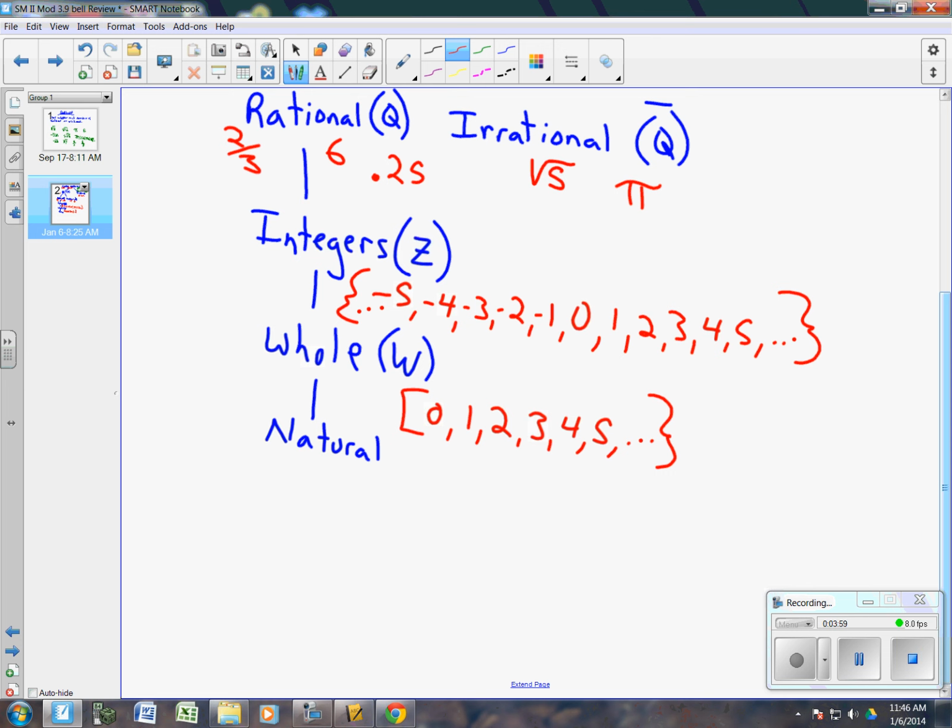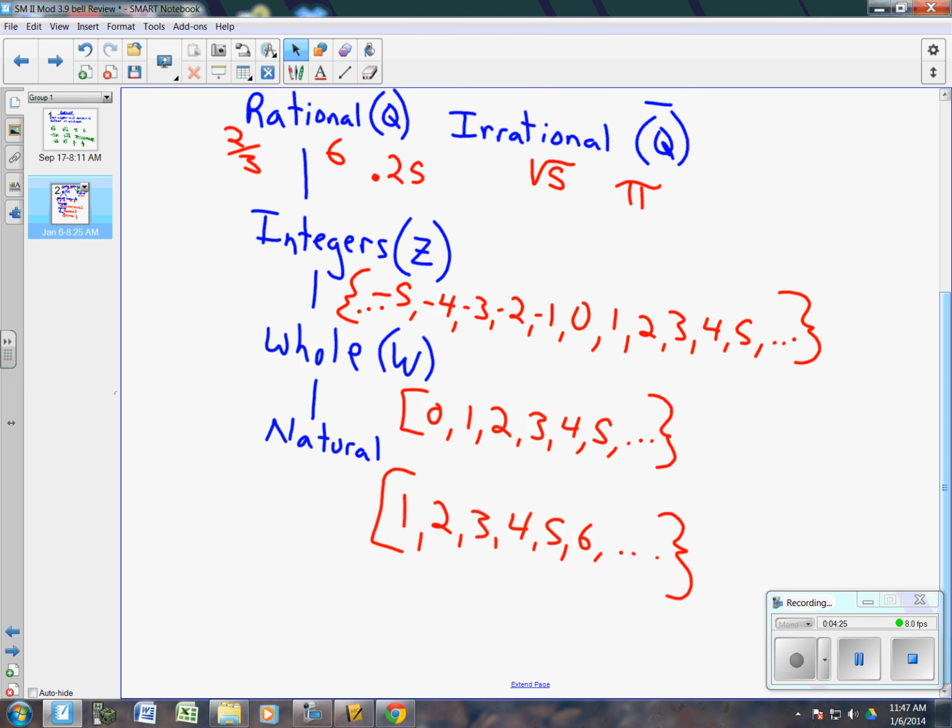And guess what the only difference between the whole numbers and natural numbers is? No 0. That's it. When you start counting something, do you start at 0? That's probably why, I'm guessing. Okay, so anyway, those are the numbers.